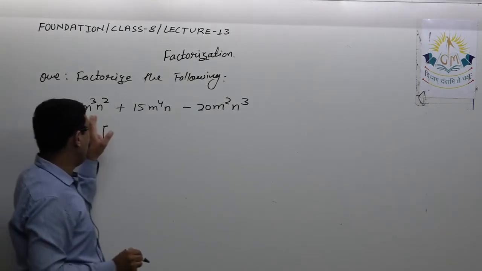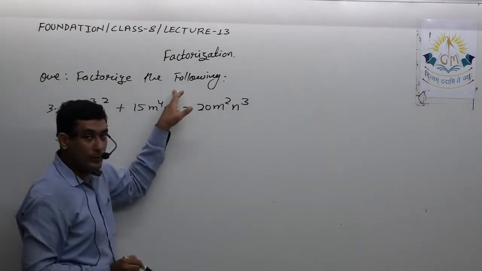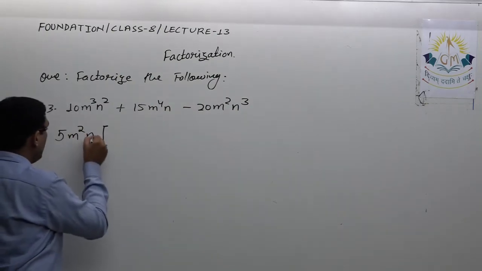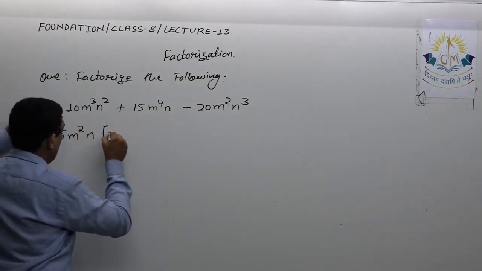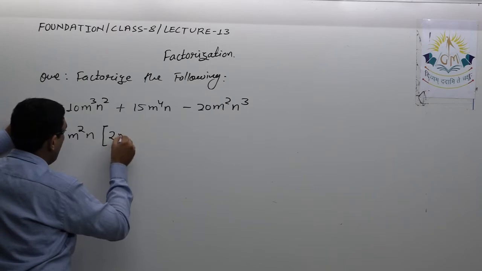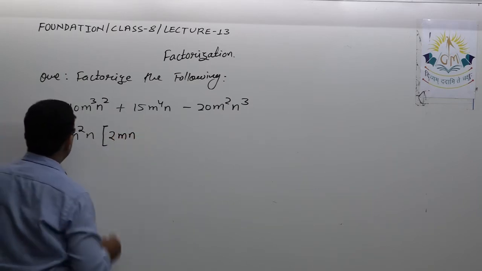Now if I talk about n, n raised to 1 is having the minimum power, so n. So here I will be left with 2mn.